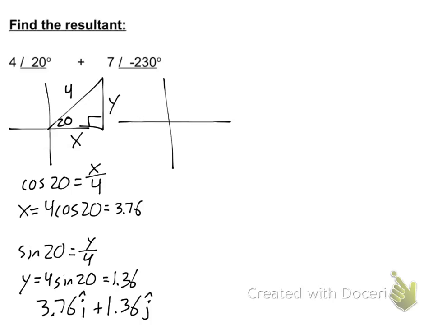Now we need to do the same thing with the negative 230 degree turn. Remember, negative angles go down. So therefore, that's 180. So 230 will be somewhere about here, right? That's a negative 230 degree angle. And I'm walking out a positive 7, so my radius is 7.